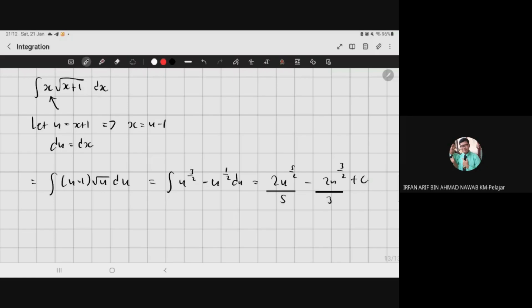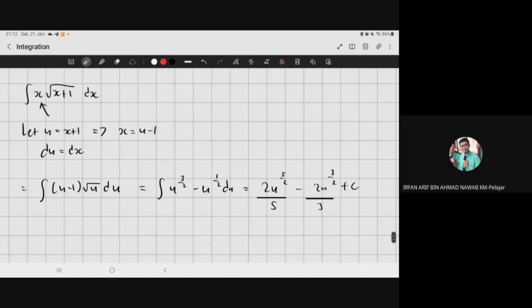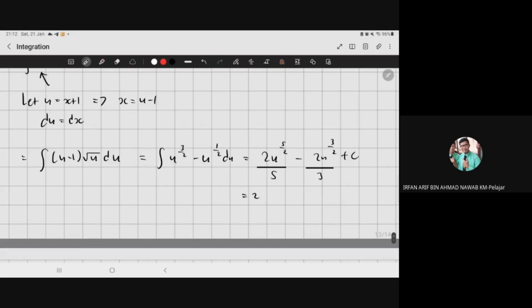Now, from here on out, just simplify it. Before you simplify it, first substitute the term u in terms of x. So you get 2 x plus 1 to the power of 5 over 2 over 5 minus 2 x plus 1 to the power of 3 over 2 over 3 plus c.